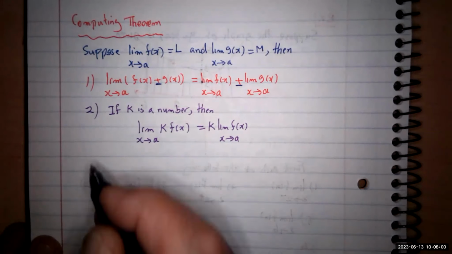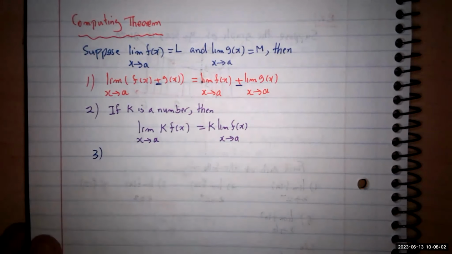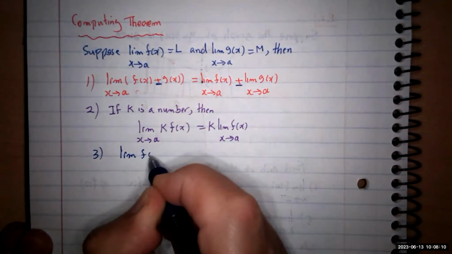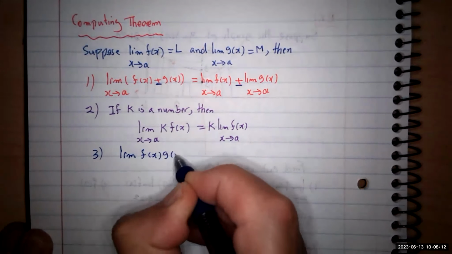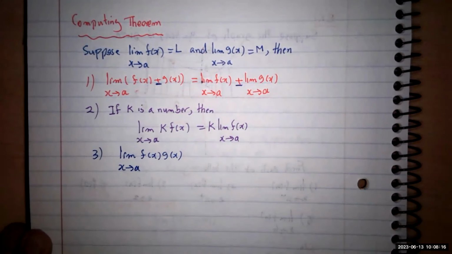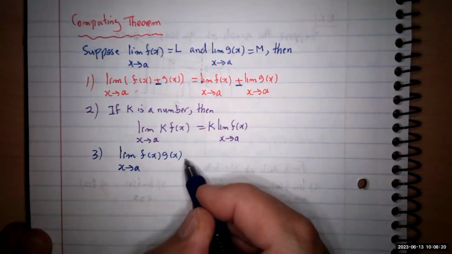Now the actual product rule. Number 3. Okay, limit of the product of two functions. Limit of f of x times g of x, we call it the product rule, as x goes to a. The limit of the product function is going to be the limit of the first one.